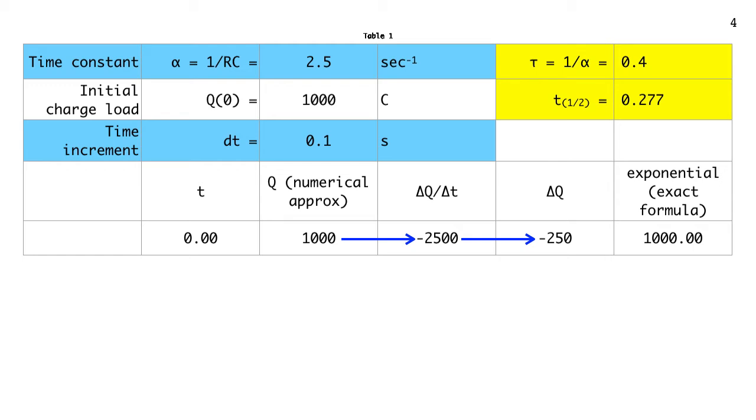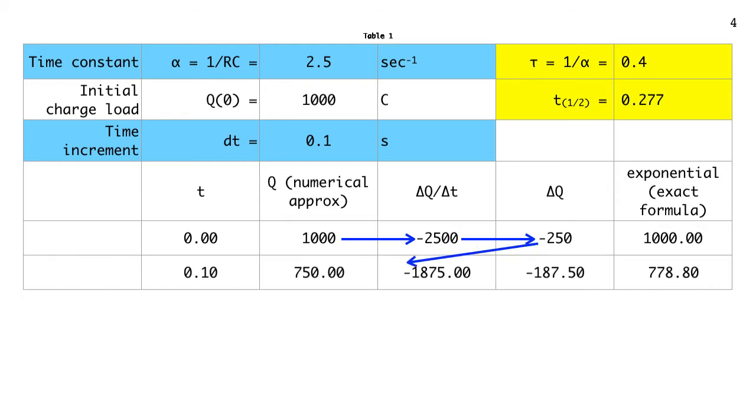That tells me that at time t equals 0.1 seconds, I've only got 750 coulombs in there now. We've dissipated some of the energy at the resistor, and the amount of charge left is 750 coulombs.